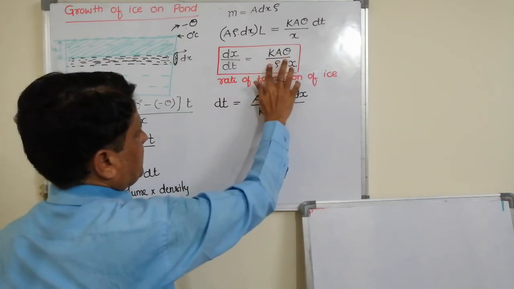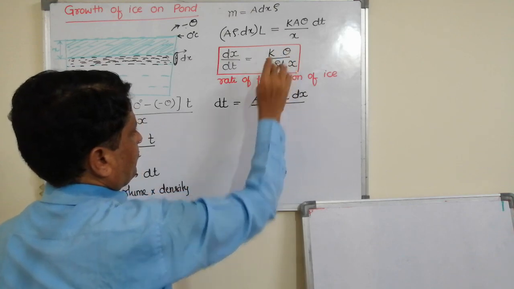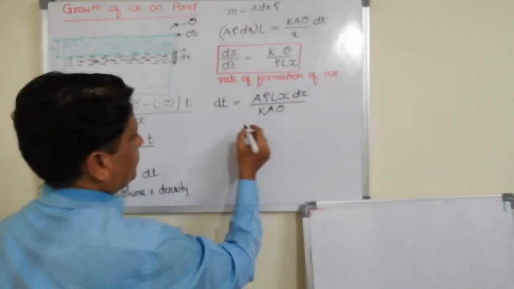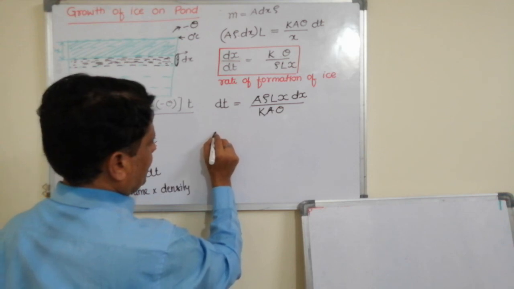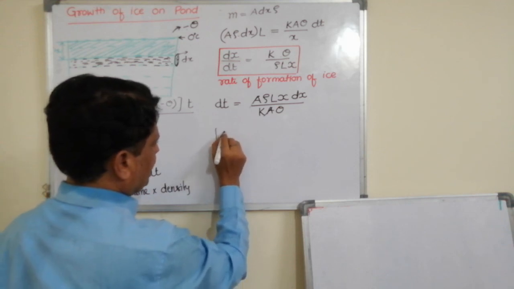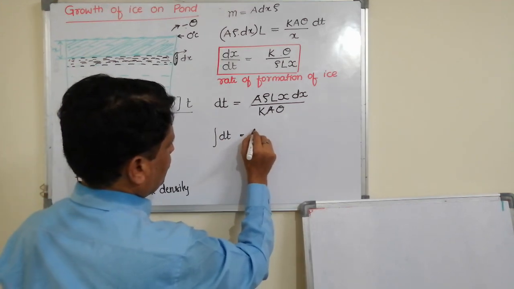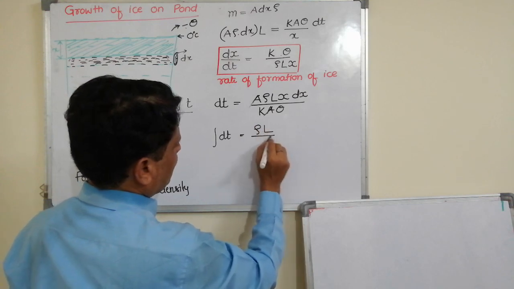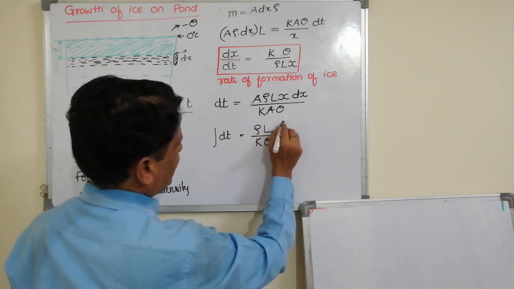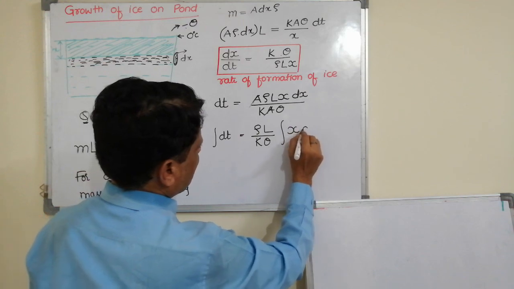Here also you can cancel this A. So the integration of dt is equal to rho L by K theta times the integration of x dx.